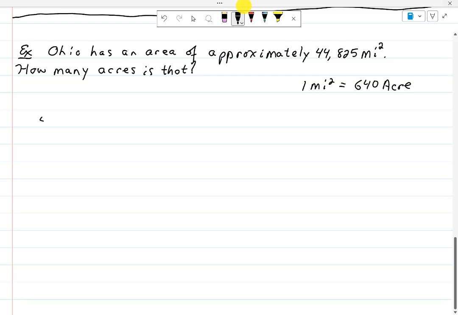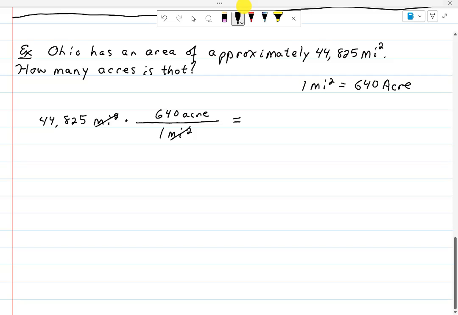And so let's take our 44,825 square miles. Now I want the square miles to appear in the denominator so that I can cancel them. So see how those cancel? And then put the 640 up top and let the calculator finish the problem out. 640 acres.